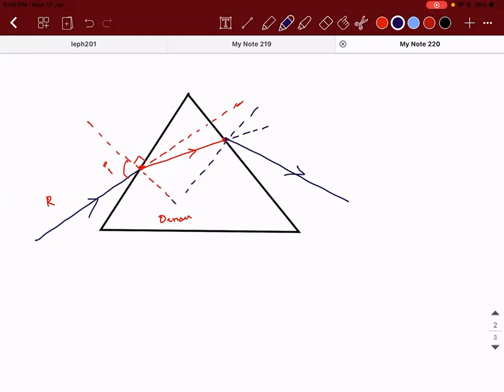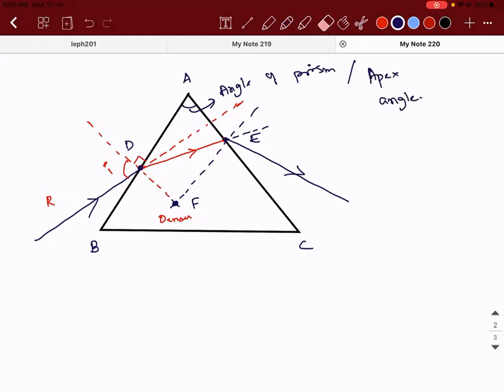So if I join these two normals, they meet at a point. Let me say this is A, B, and this is C. And the point of intersection of these two normals, I'll call it as F. This is D and E. And this angle A is what I call the angle of prism or the apex angle.